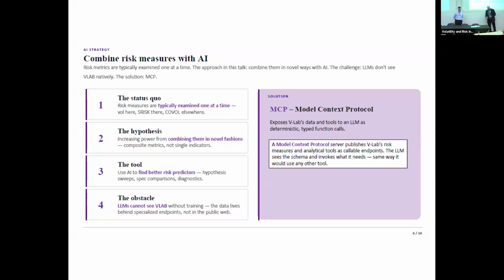A model context protocol was a protocol first fielded by Anthropic in, I believe, 2024. It's a protocol which formalizes the communication between an LLM and a data or service provider. If you've ever tried to use these non-deterministic language models to do something very deterministic, like just give me this data series, sometimes it doesn't do as good of a job as it should.